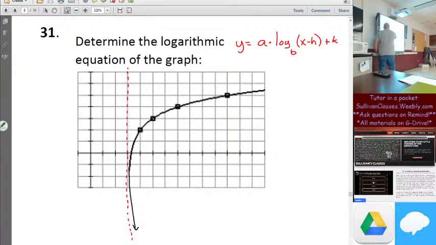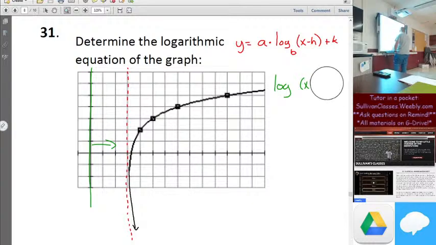So I moved this asymptote right 3. So log base something of x minus 3. The point that is normally here, that is 1 unit away from that asymptote, got moved up 2.